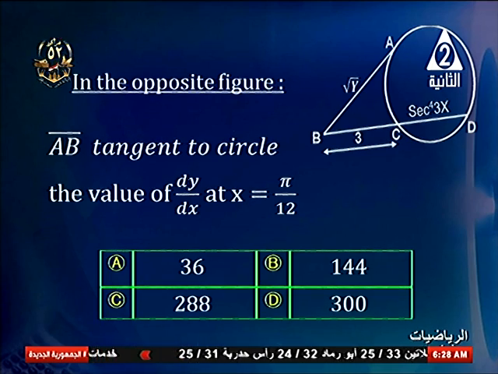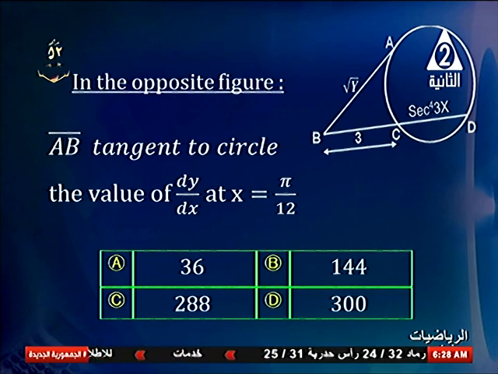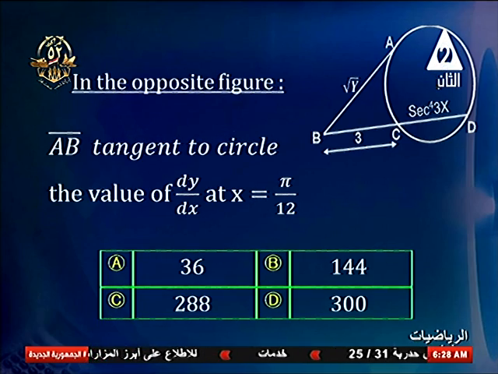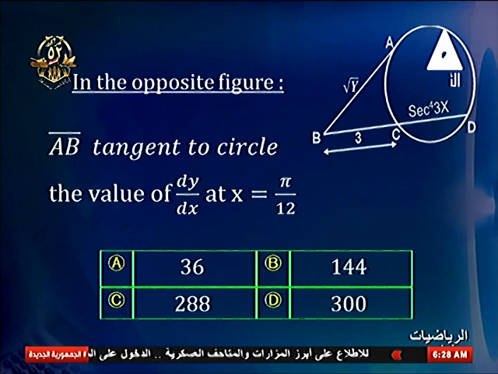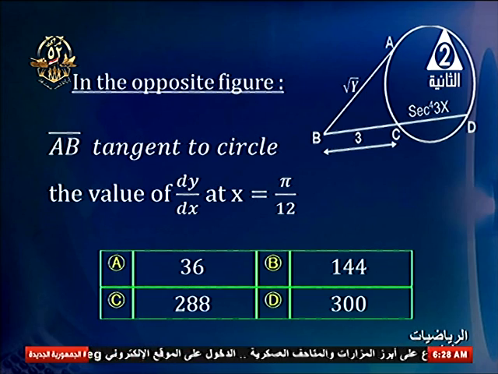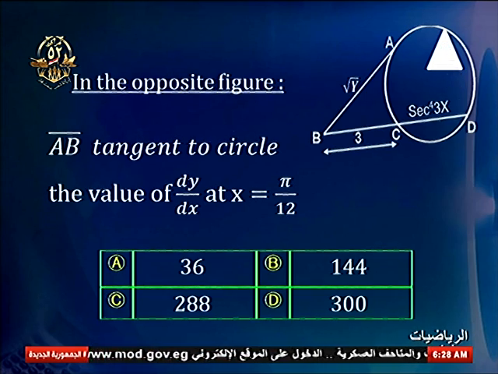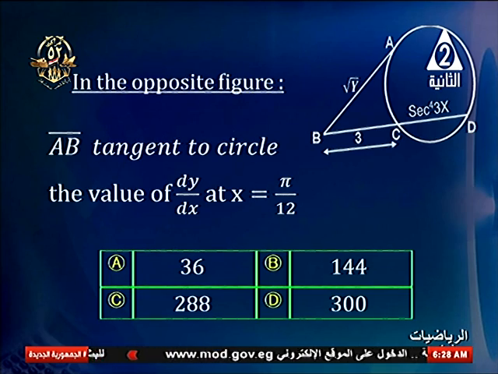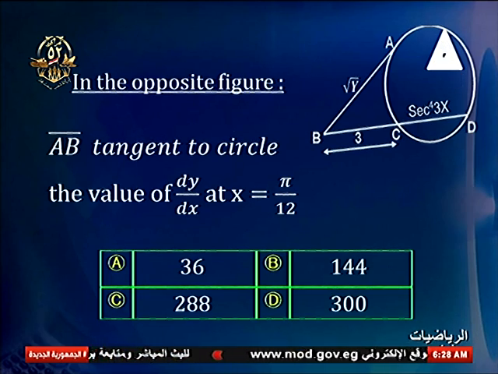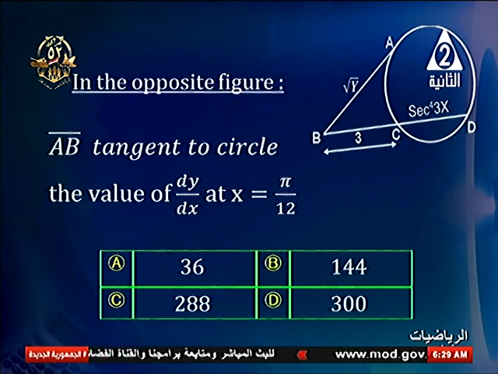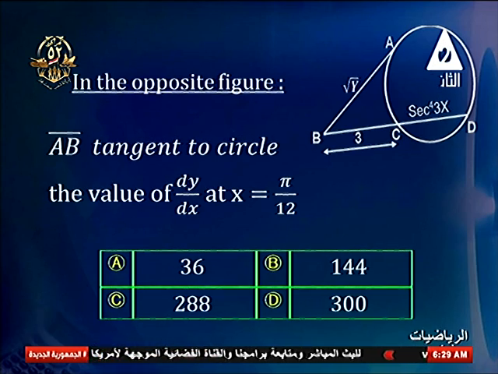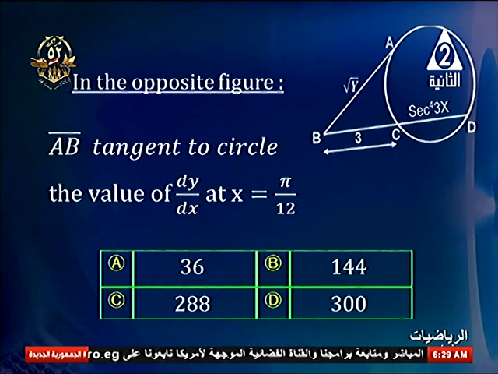Before we choose, look at the relation between y and x. By this rule, for the tangent AB, tangent power 2, AB squared equals BC times BD, where BC equals 3 and BD equals 3 plus sec power 4 of 3x.